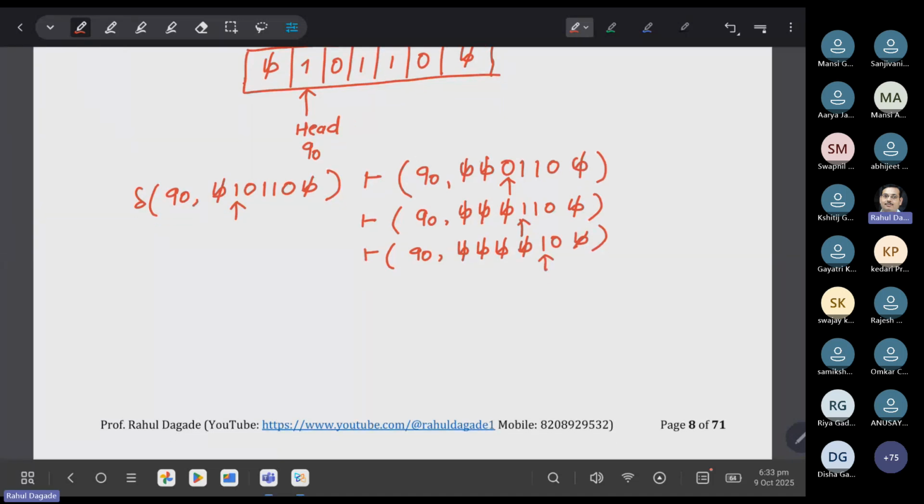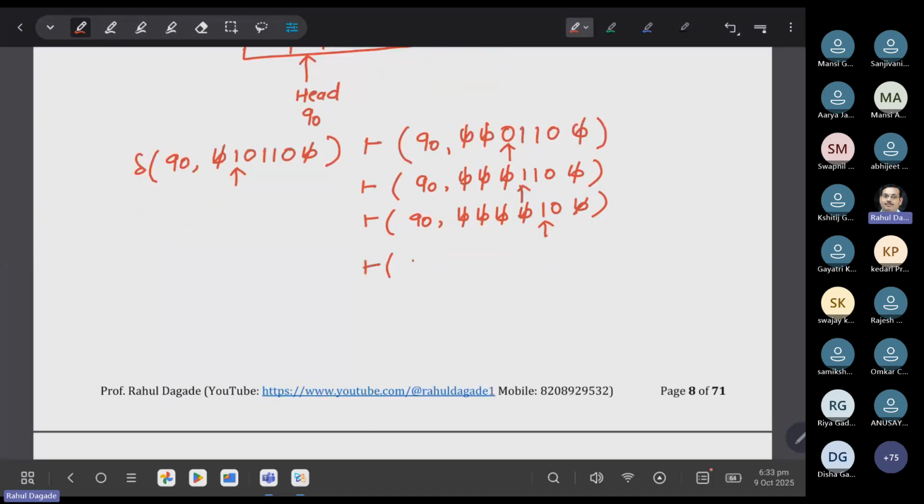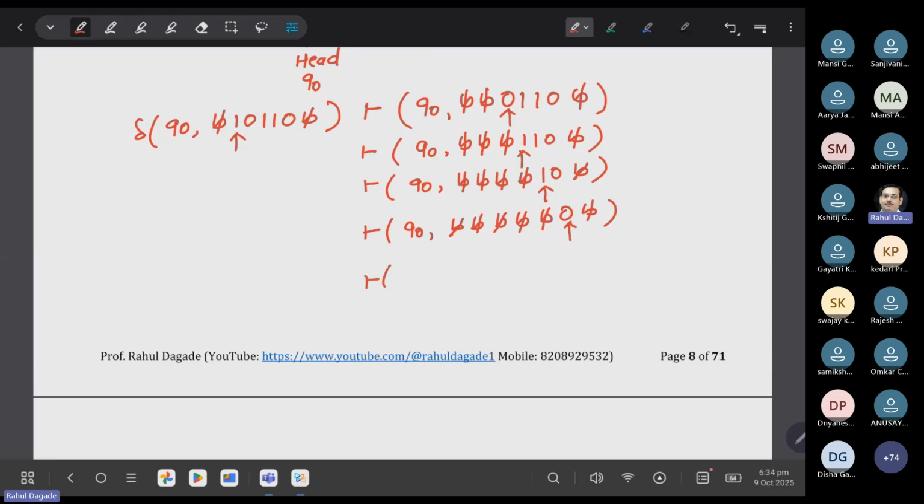This is the input. Now again in Q0 state, blank, and this one is converted into blank and the pointer is moved ahead. Then again this 0 is converted into blank. And the pointer now comes to blank.